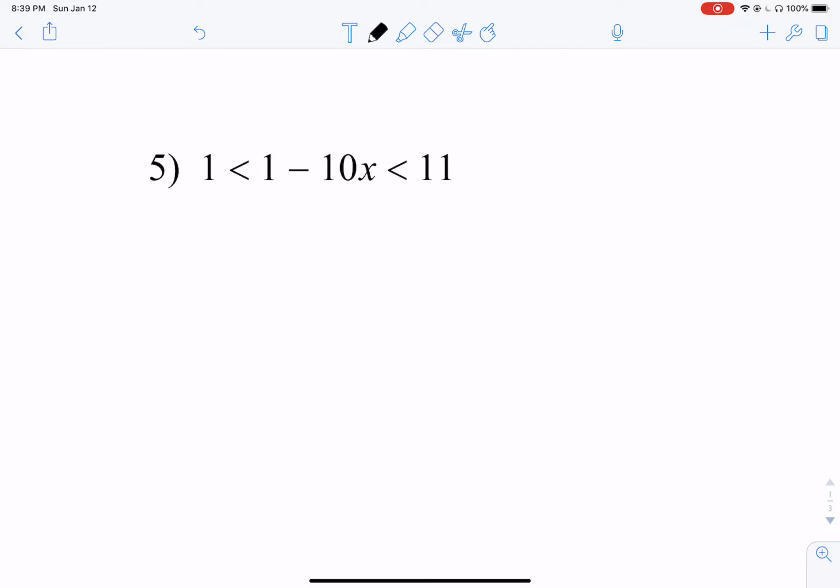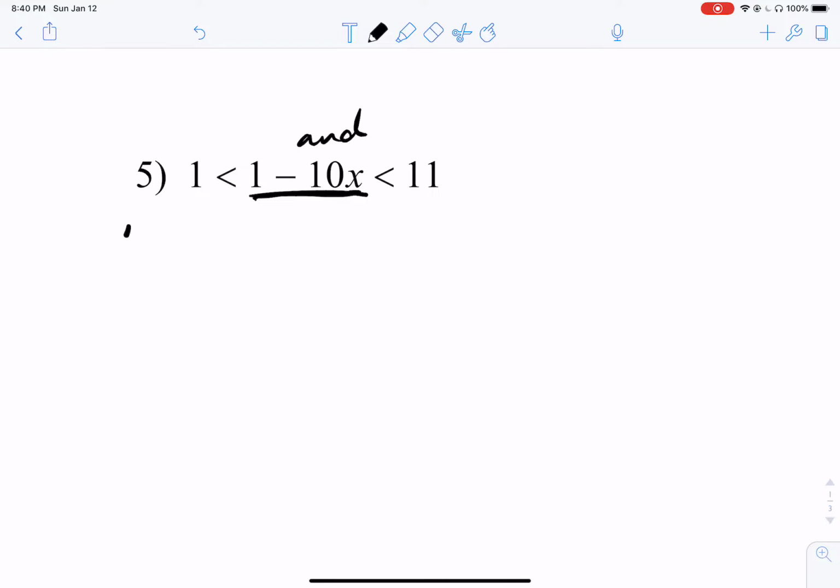Now, again, here's another example of an AND. Because we have an expression in the middle and we have less than and less than: 1 is less than the algebraic expression, which is less than 11. This is an example of an AND. So we split it up, and 1 minus 10x is less than 11.